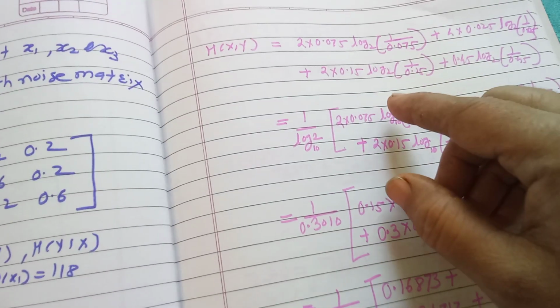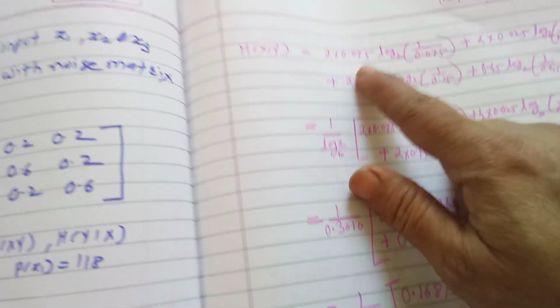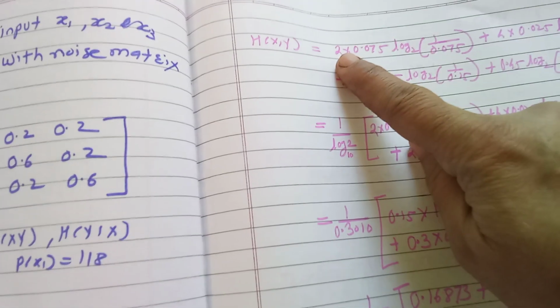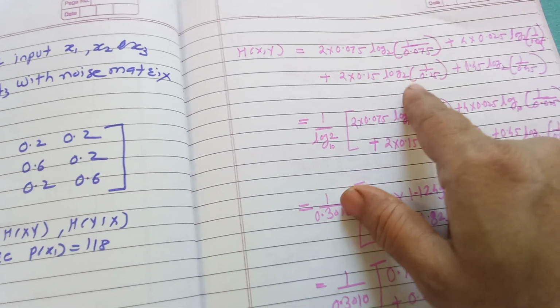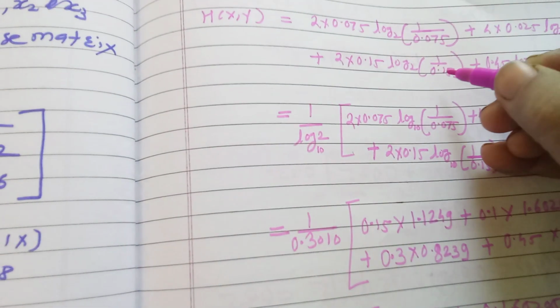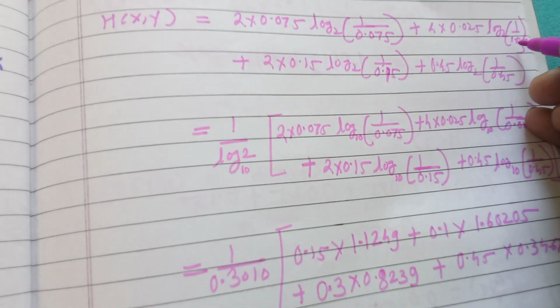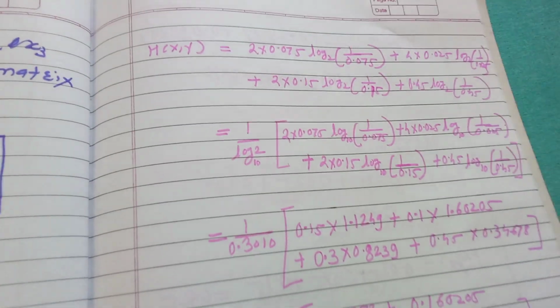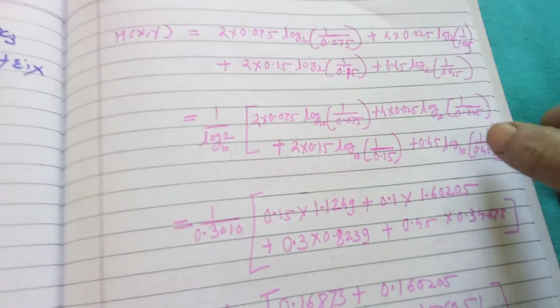You know the formula for entropy, that is P log 2 of 1 by P. Now 0.15 is there, 2 times. So 2 into 0.15 log 2 of 1 by 0.15. Then 0.45, so 0.45 log 2 of 1 by 0.45.